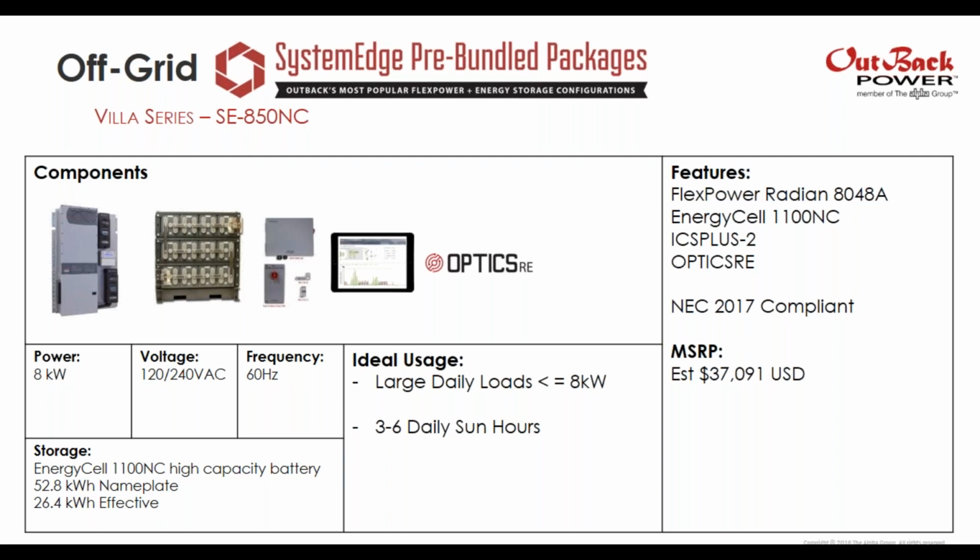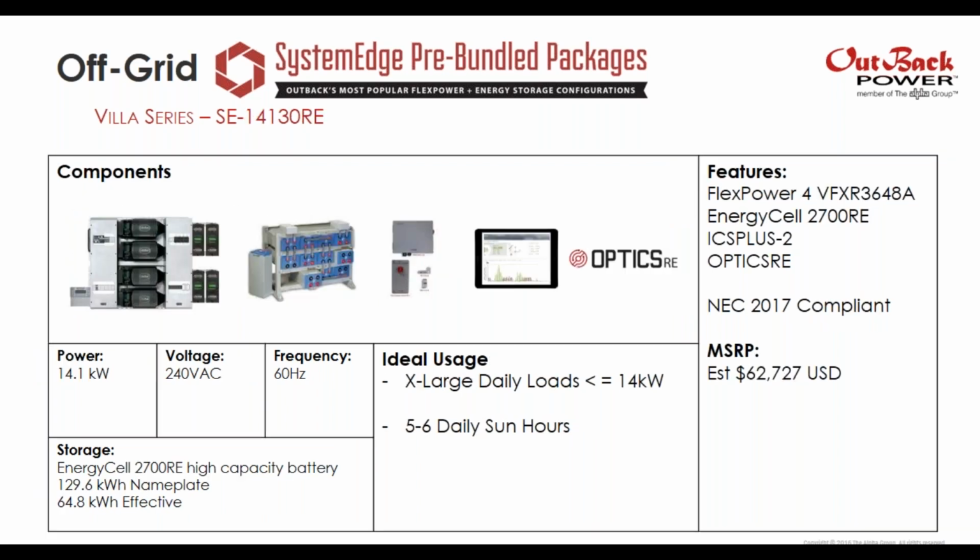But if that's not big enough, then we can move into the SE14130RE. This is really as big as they get without having us customize something for you. This features a FP4 system. It's 14 kilowatts worth of inverter.